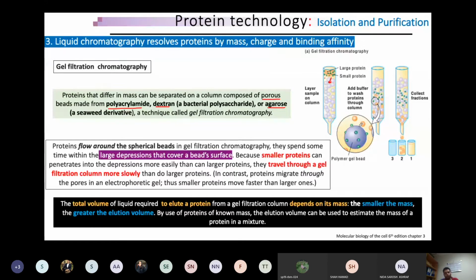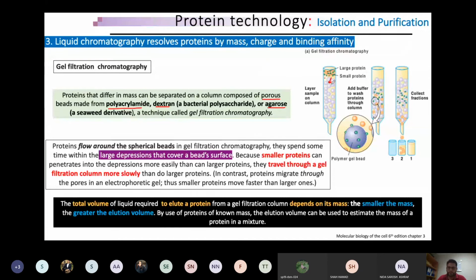So if you want to see what type of interaction is going on here, this is a type of interaction where small size could be held for a longer period of time. When we say an interaction, that means a measure of time which is spent to separate a particular molecule from the gel.